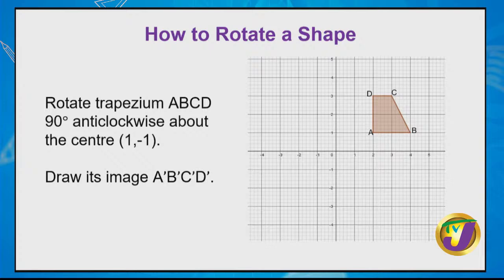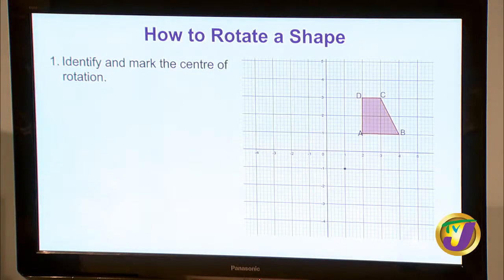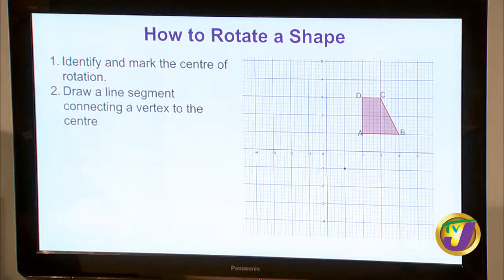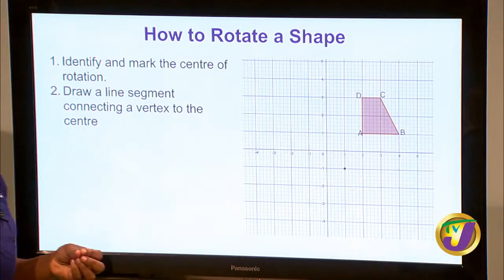So let's see how we actually perform this rotation. Firstly, we need to identify and mark the center of the rotation. Here we have seen our little dot pop in right at (1, -1). Then next we need to draw a line segment connecting a vertex from the trapezium to this center of rotation.